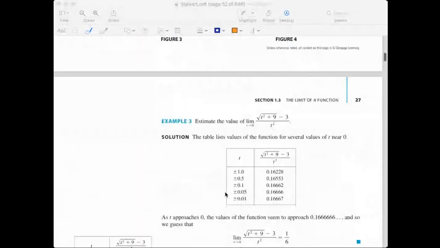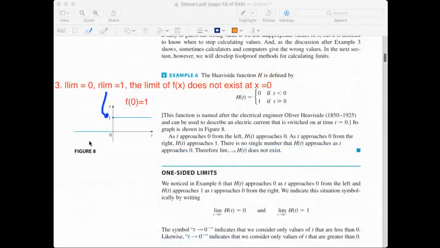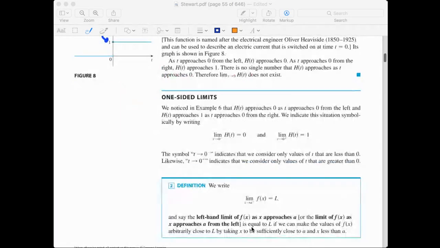And sometimes we may have a situation like this, which may also be an open circle. If this is an open circle, that means we won't be able to talk about f of 0. It depends on the case.